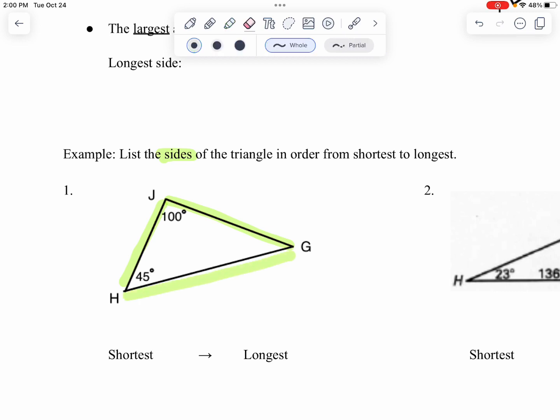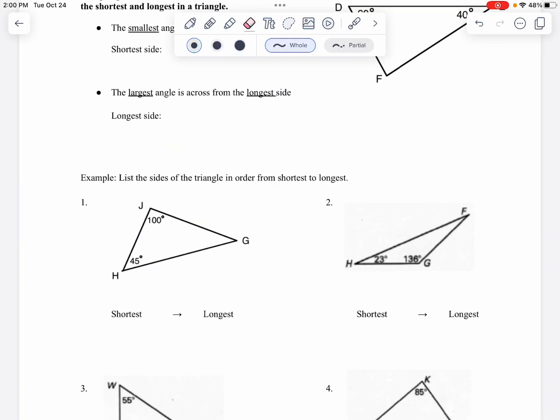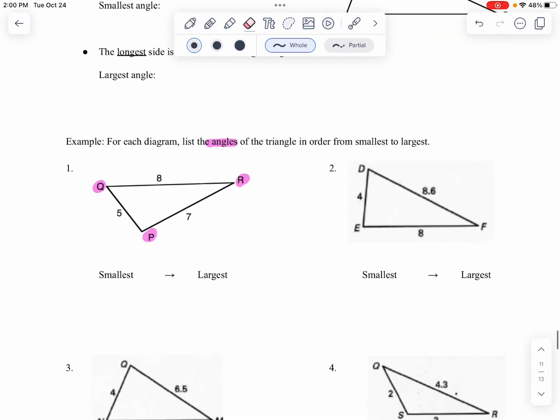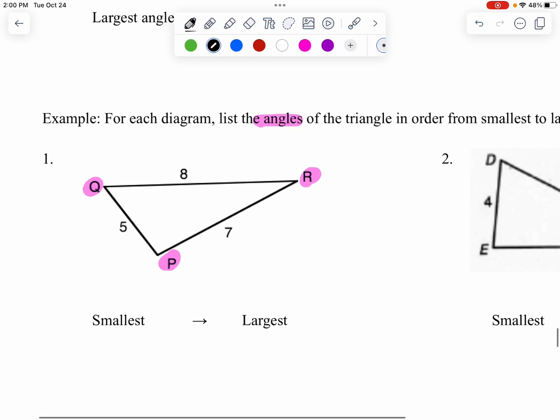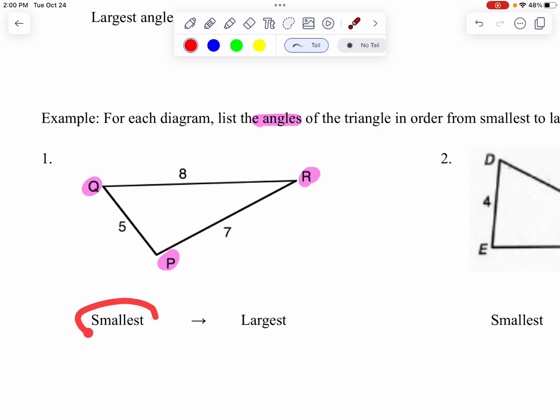I think that's making it really difficult for some of us as we're mixing up the difference between sides and angles, okay? So when I ask for angles, I want you to give me angle R, or angle P, or angle Q. You can point to them, but we get really confused when I ask you to give me letters.